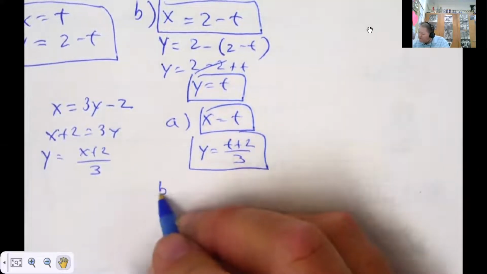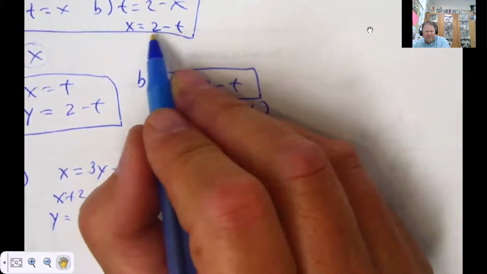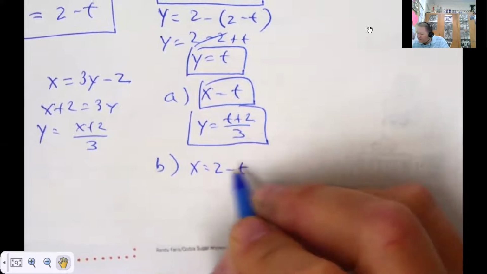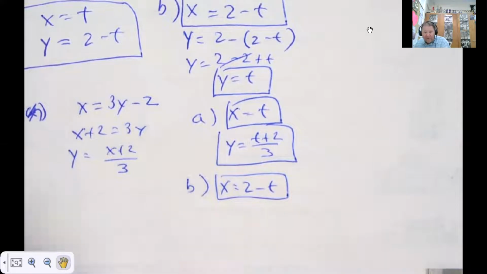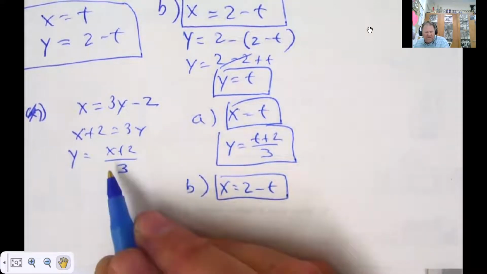Now for part B, it says to let x be 2 minus t. So here we go. X equals 2 minus t. And again, that's always going to be x. That was the requirement that it told you at the very top of the problem for all of these. Now we're going to substitute in this equation right here, where I have an x.